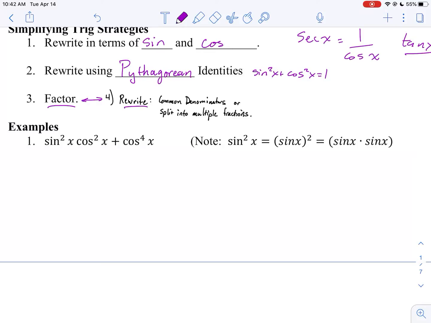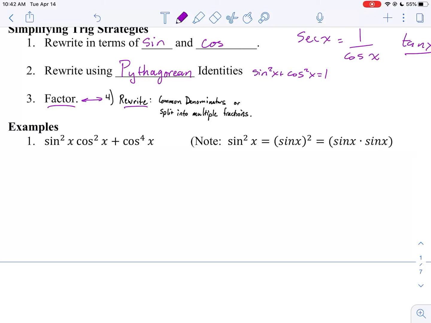So we do have the key Pythagorean identity, sine squared x plus cosine squared x equals 1. And if I did have this in here, or some form of it, I would probably jump right to it. But here I have times, and so that's not going to work here.